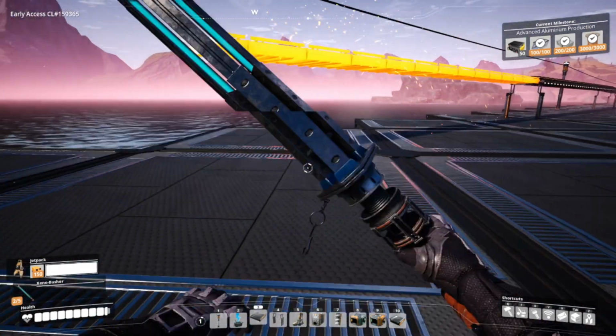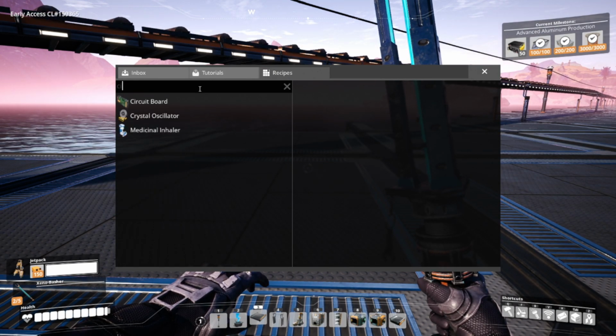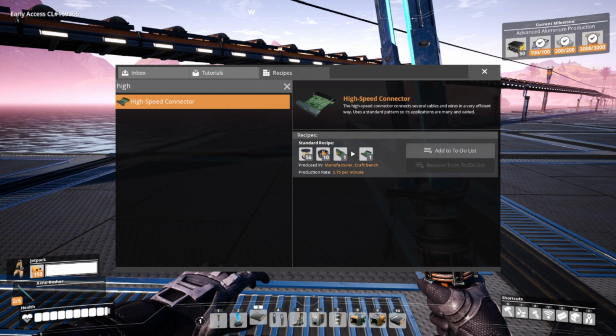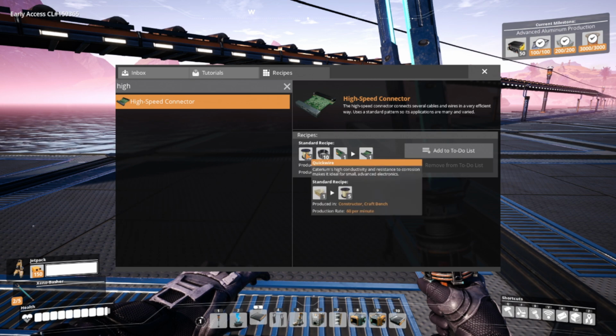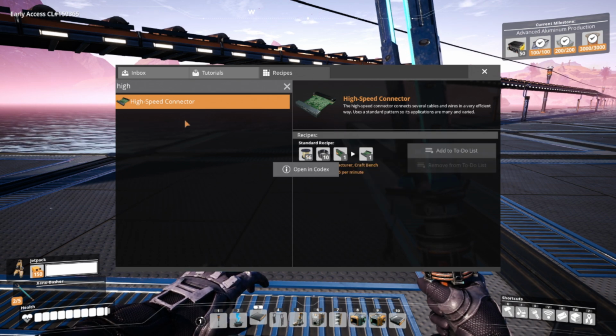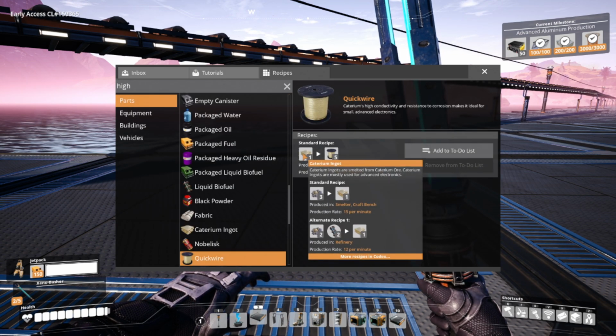What's the next level of circuit called? High speed connector. Yeah, it is. Okay. Lame, I'm going to need quickwire for that. Is there any Caterium?